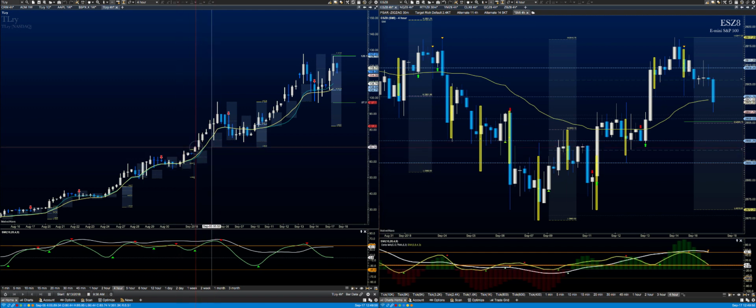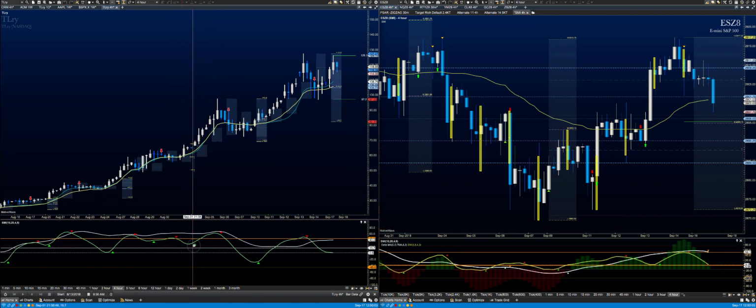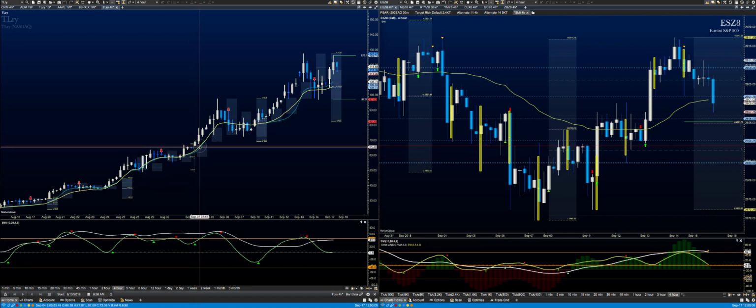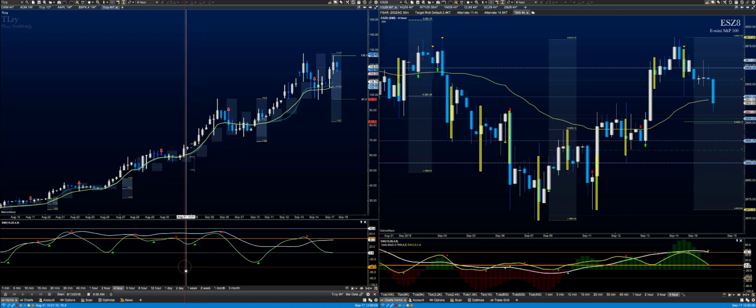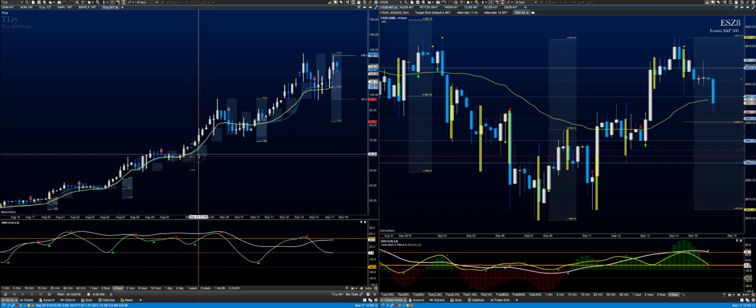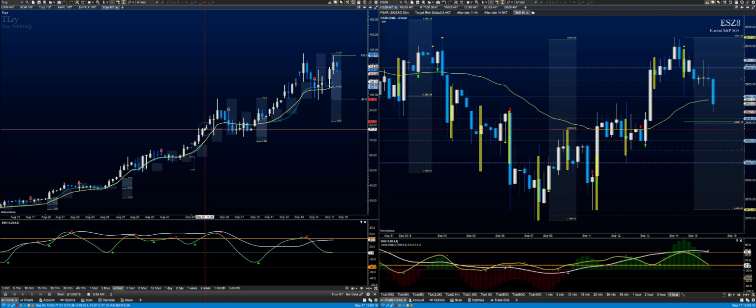So let's say you catch it here and you see this space and you see this move up, and you see your slow SMI moving up, and you go, oh, that's moving up. I'm going to take it long. And you take it long and you make your stop a little bit too tight. Let's just say you make it a little too tight and it comes into this place and it stops out.